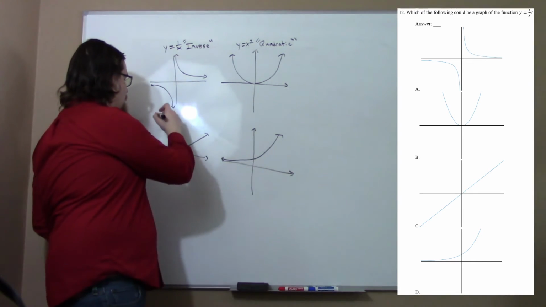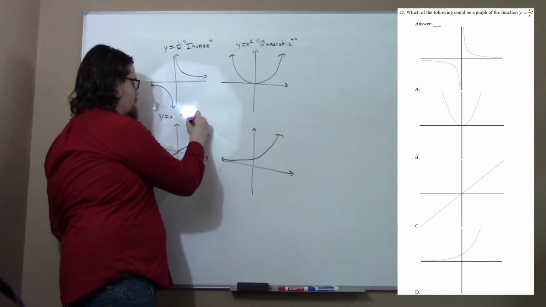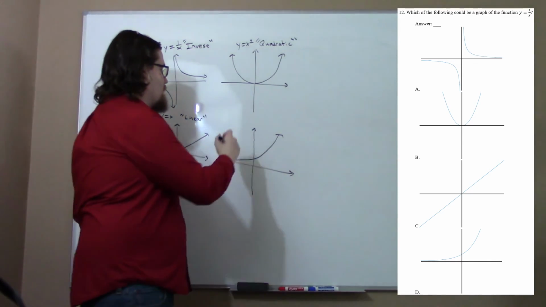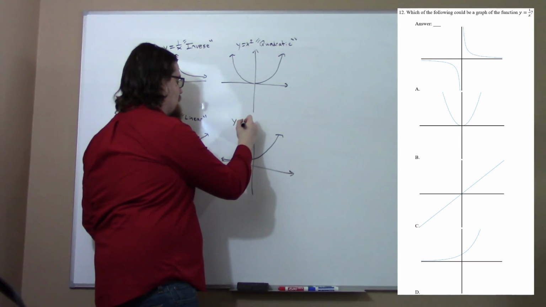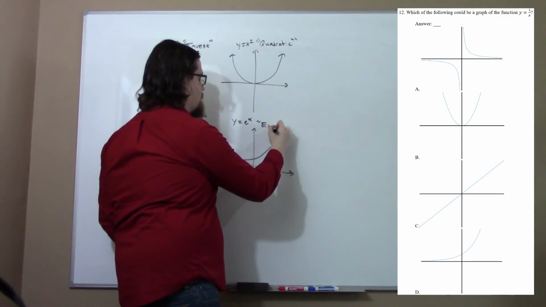Next, we have y is equal to x, and this is a linear function. And then finally, we have y is equal to e to the x, which is the exponential function.